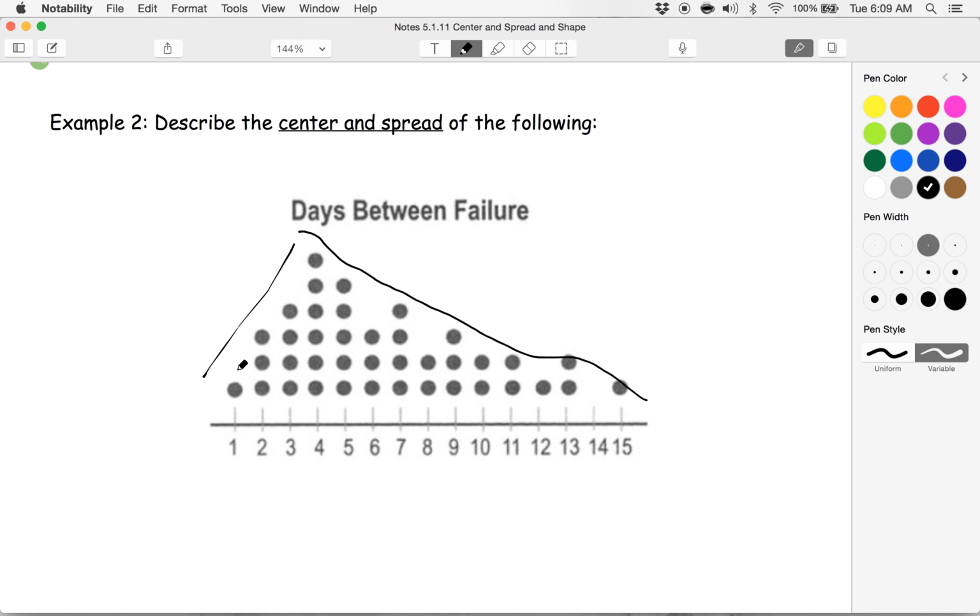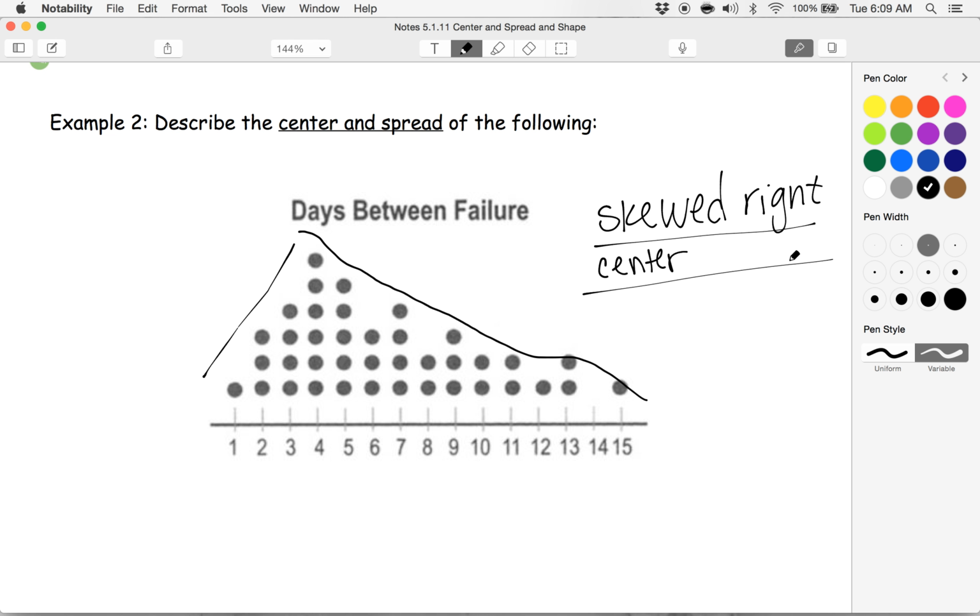See how it's not perfectly centered? It goes more this way. So this is going to be something that is skewed. And it is skewed to the right, because the empty side is on the right. So that means for center, we're going to use a median. And for spread, we're still going to always use range.